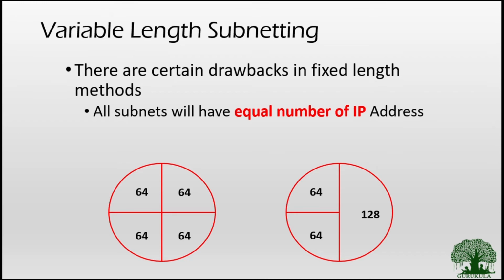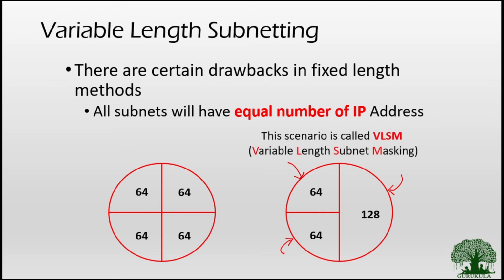But what if I need to divide the network so that it has a variable number of IP addresses? For one department I should use 64 IP addresses, for another department 64, and for one department I should use 128 IP addresses. In such cases we cannot use fixed length subnetting. This is where variable length subnetting comes into the picture.